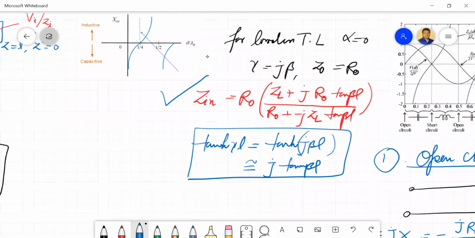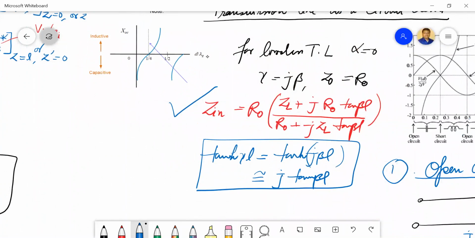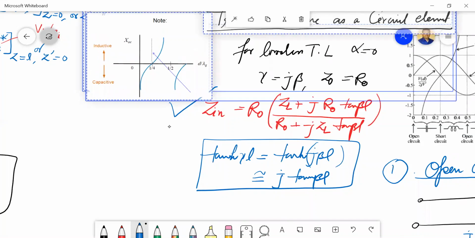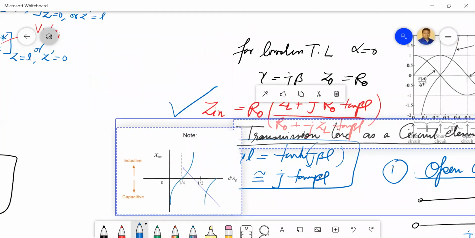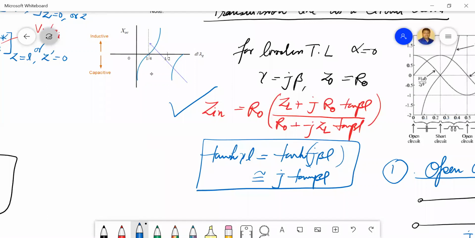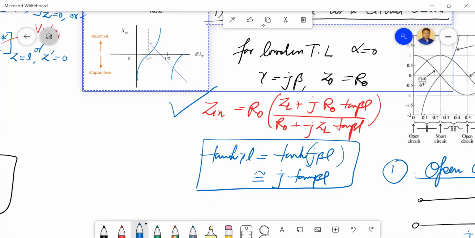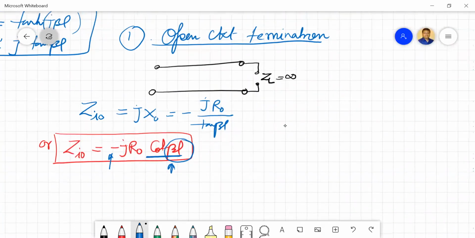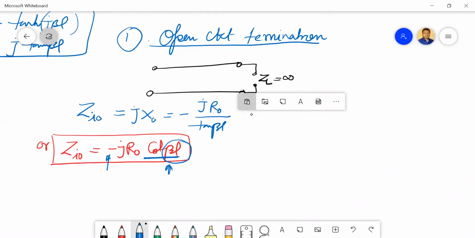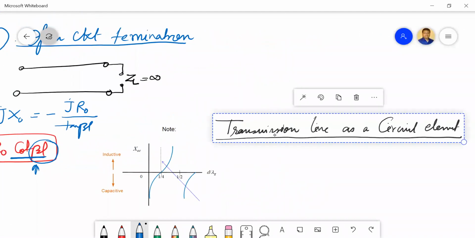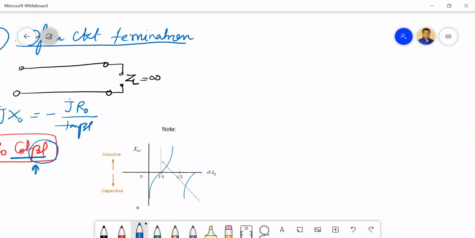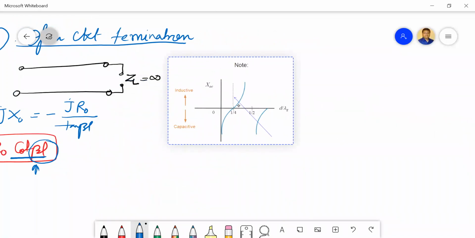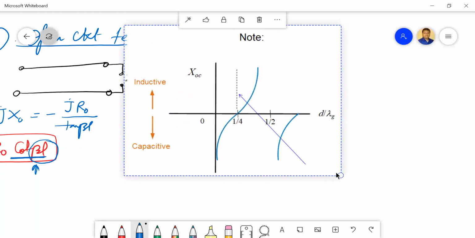Now if you plot this cot beta L, I'm just copying these things, just a minute. I'm just putting it here. Fine. If you plot this, this is a curve.